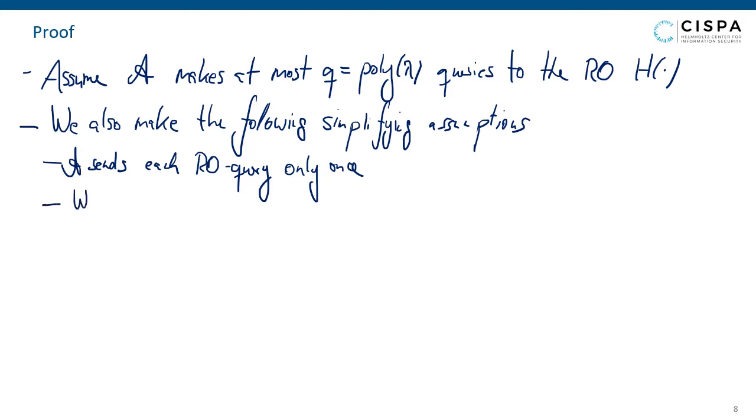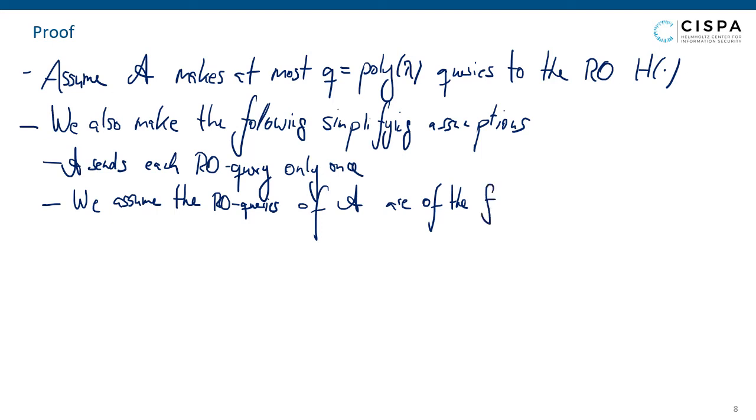Further, we assume the random oracle queries of A are of the form II prime and MI prime.